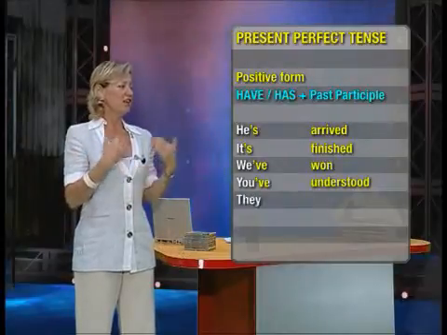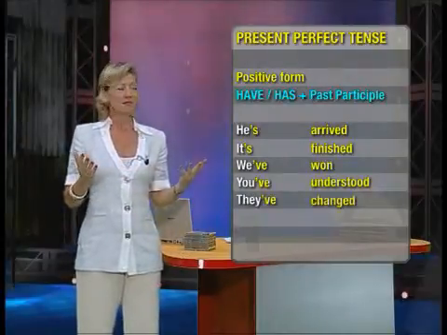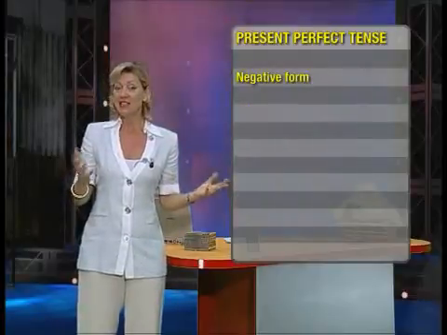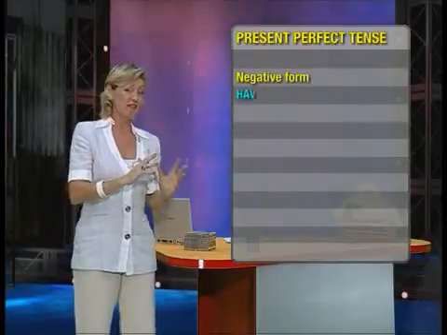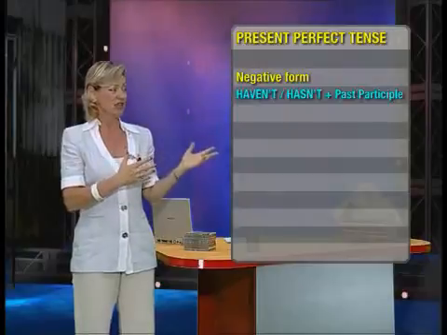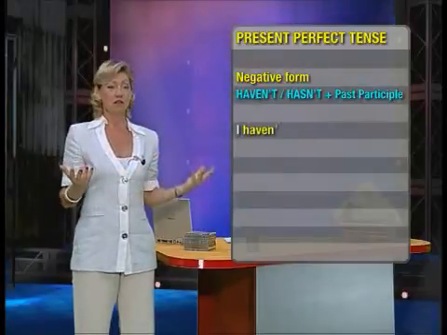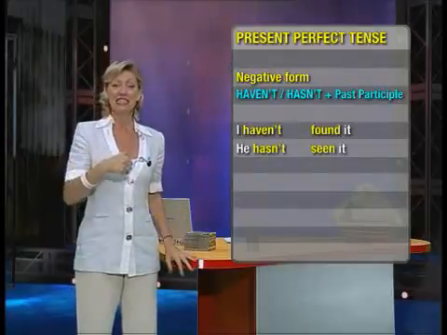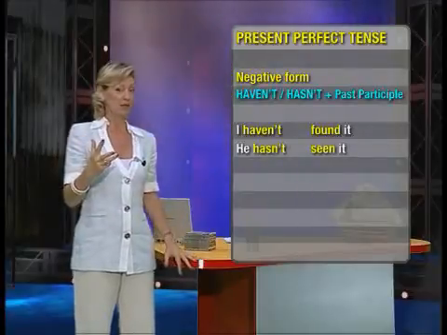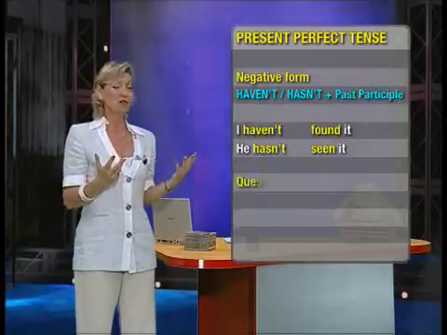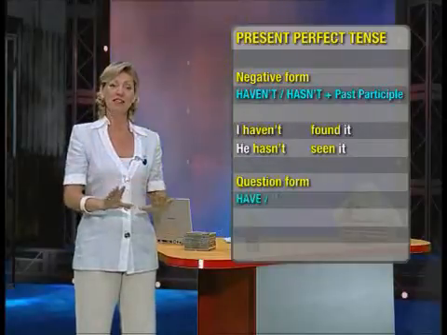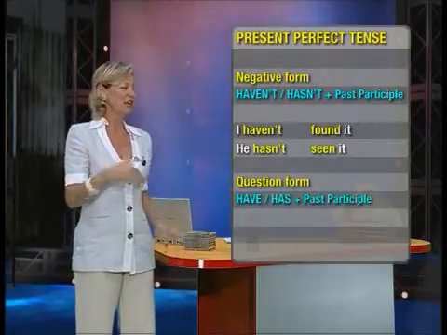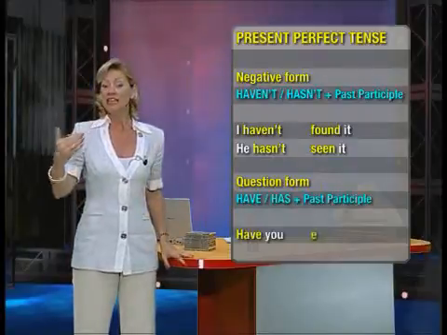And they've changed. Negative form is easy. The auxiliary goes into the negative haven't or hasn't. Look at the examples. I haven't found it. And he hasn't seen it. See, saw, seen, past participle. Okay? Question form, you invert the auxiliary, the subject, as always. So, have you eaten?